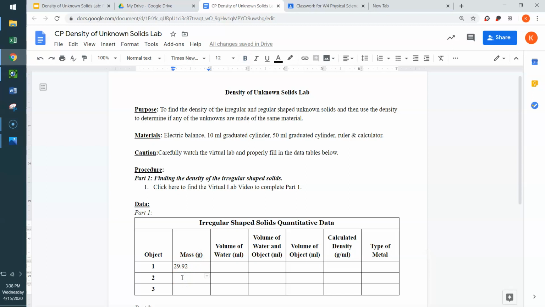The mass for number 2 was 30.21. And then the mass for number 3 was 30.03. I think you're getting the point here. As you're following along with this video, you should be filling in this entire data table for part 1. Again, we're only going to be doing part 1 today.